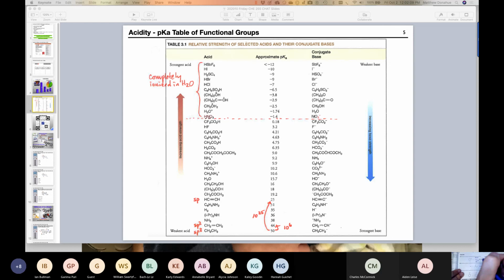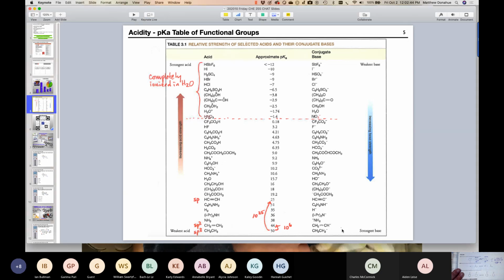So the position of the equilibrium lies towards the weaker acid-base pair. The way we signify that with this type of arrow, it's pointing more there, and then we just draw a little bitty arrow on the bottom. So this sort of designation tells you the equilibrium lies to this side. And we can rationalize that because, as we said on the table on the slide deck, the alkane is a really strong base.